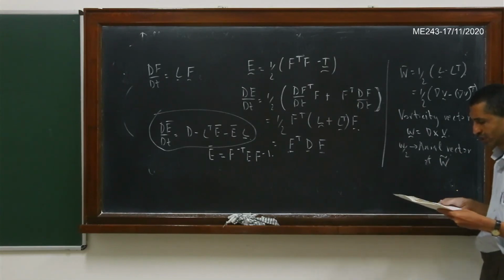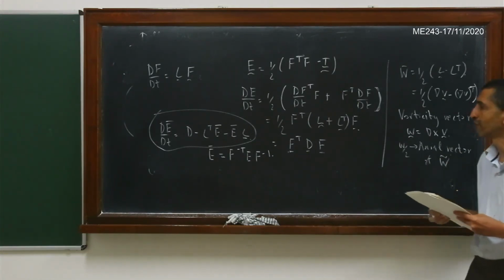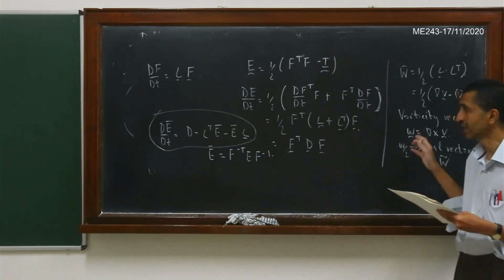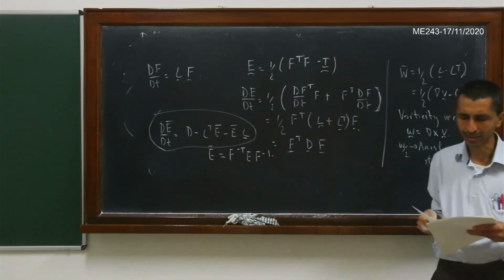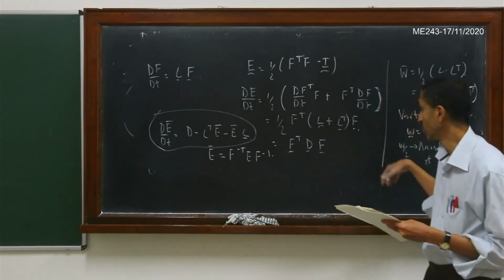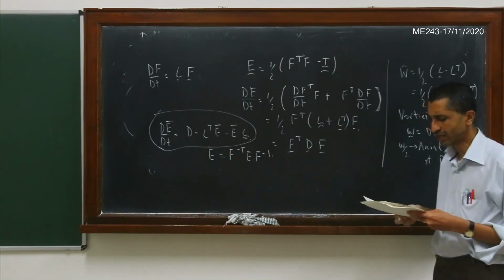Okay, so in the next class, I think I will give some examples of these various kinds of motion. We will give the example of a pure extension, then rigid motion, which we will analyze in greater detail, and simple shear motion.